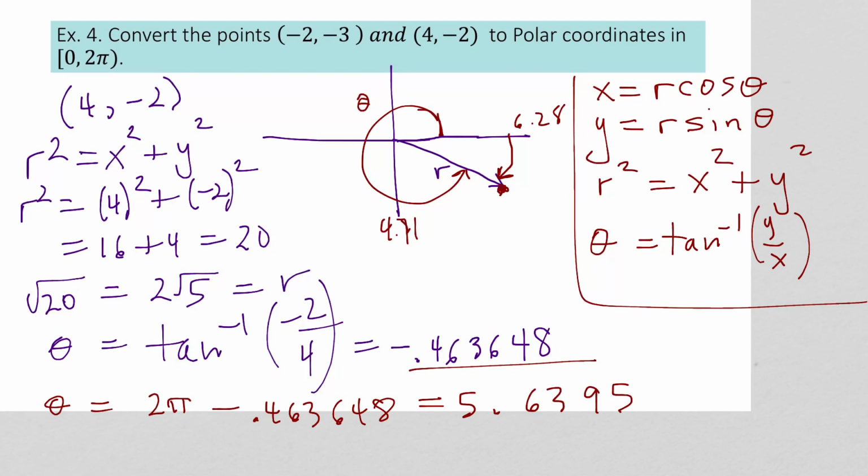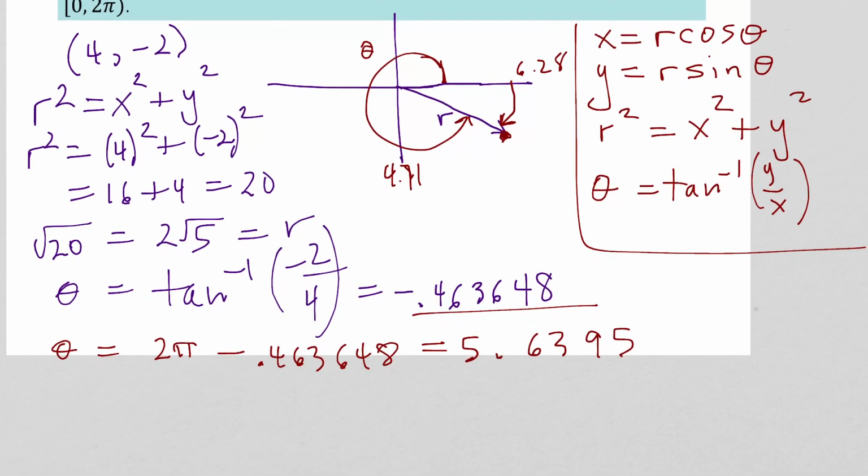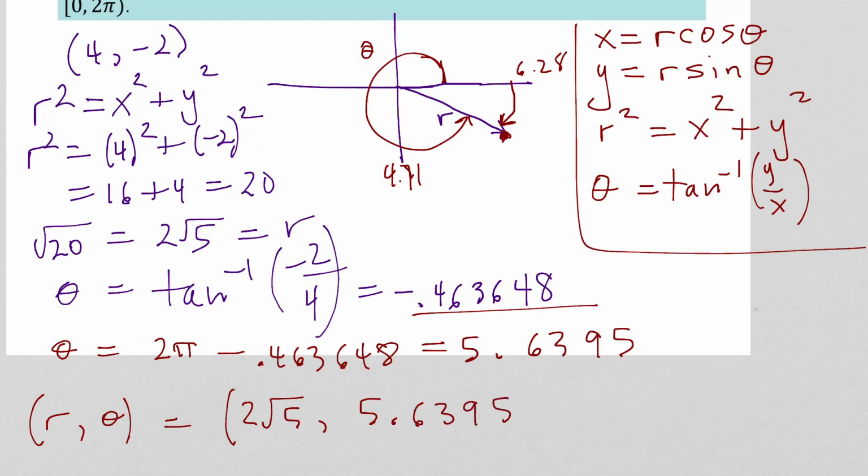Now if I write the final form of my point, r theta, r is equal to 2 root 5, and theta is equal to 5.6395 radians.